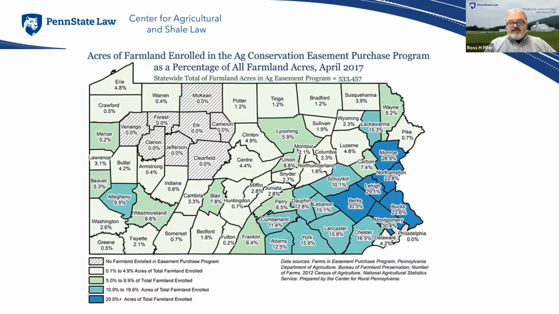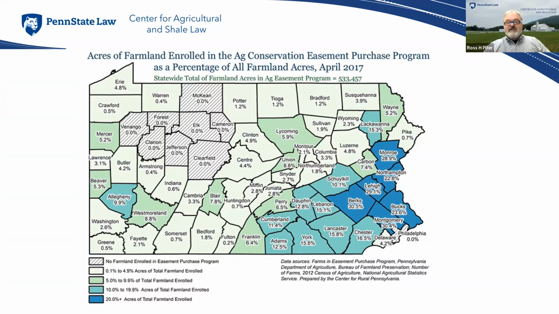And when you look at this map, it's pretty intuitive that the counties in southeastern Pennsylvania and south central Pennsylvania that have both agricultural production as well as a lot of development pressures are going to have the higher percentages of land enrolled.